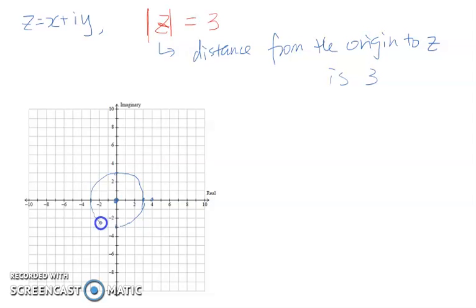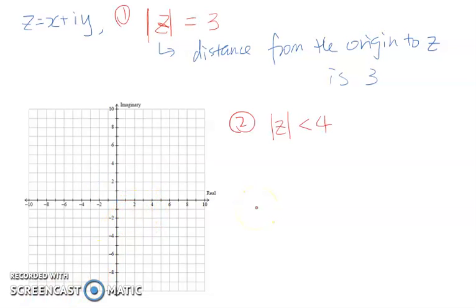So if you notice that, now we have a circle. So the loci that satisfy this condition is the circumference of this circle, because we know that the distance from the origin to all the points on the circumference is 3.